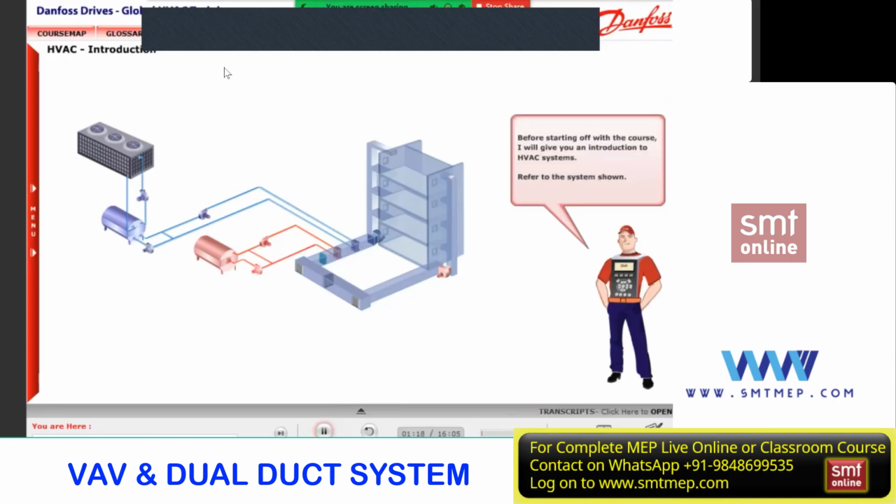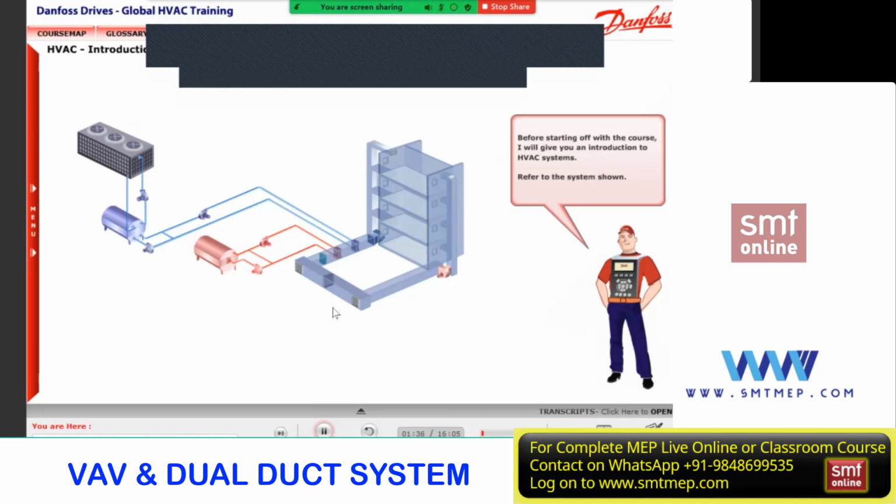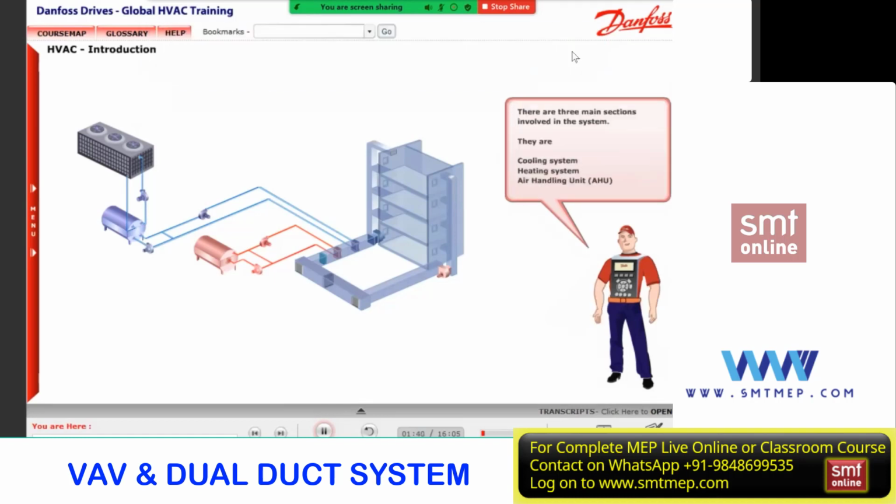Before starting off with the course, I will give you an introduction to HVAC systems. Refer to the system shown. There are 3 main sections involved in this system.